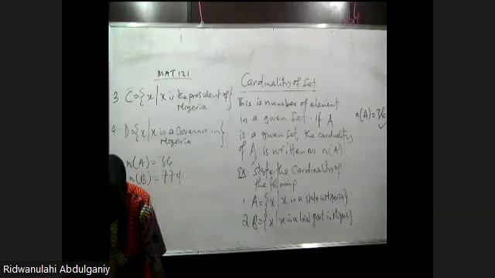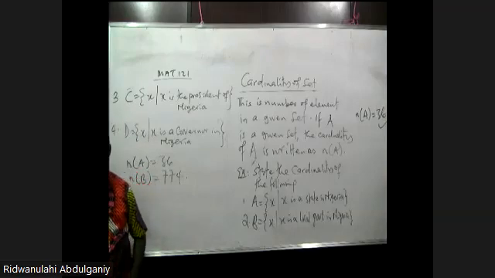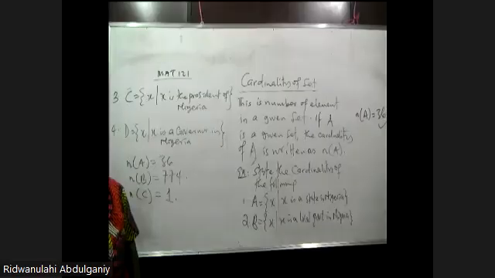So let me go with Adeyemi. Adeyemi, kindly unmute yourself. The cardinality of C is 1, sir. Why must it be 1? Because we have only 1 president in Nigeria, sir. How about the president of Senate? No, it's not the president of Nigeria.